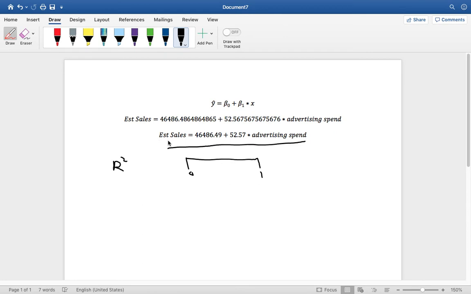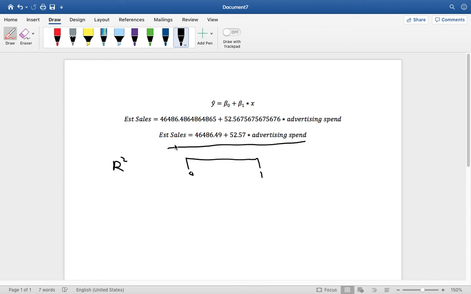Now, it's possible, theoretically, but it's unlikely that advertising spend is going to perfectly predict your sales because other factors come into it. Your sales may depend on the weather. If you have bad weather on a particular day, your sales may change. If you had good staff working for you, they may improve your sales or bring your sales down.